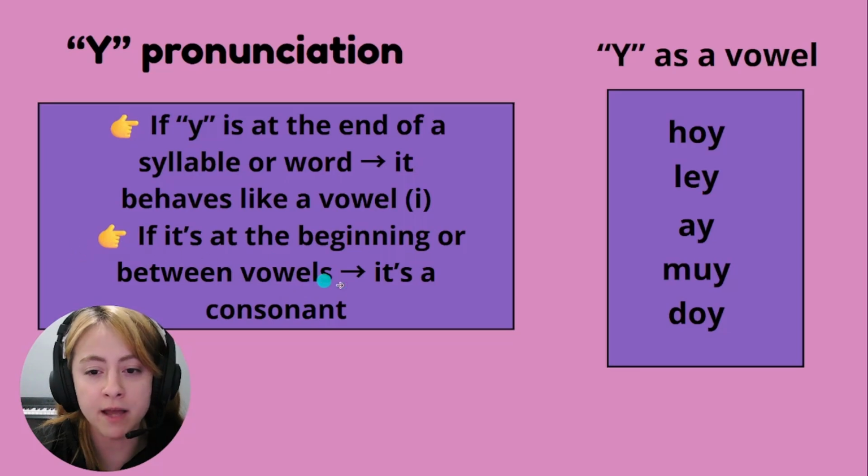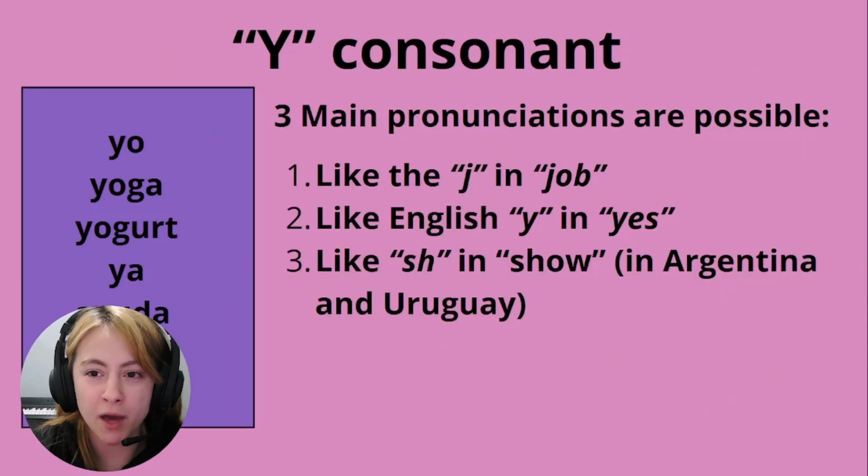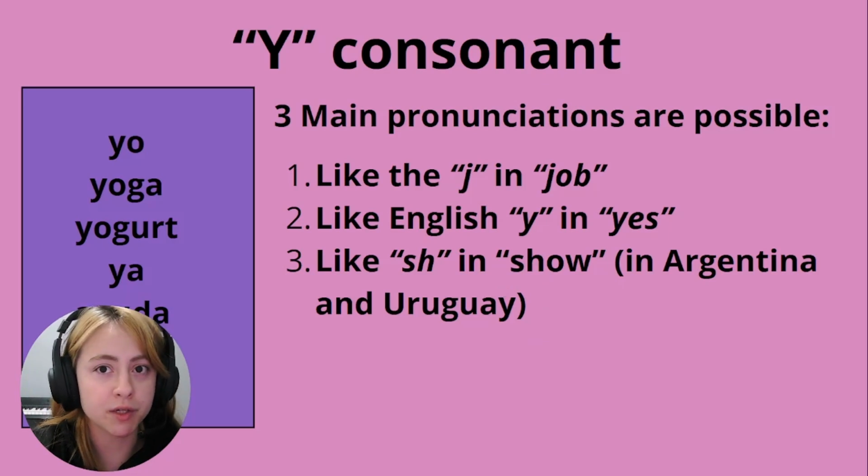However, if it's at the beginning or between vowels, then it works as a consonant. And here's where I want to clarify a bit more because it can be a bit confusing. Different sources will tell you that it is pronounced this way or that way.